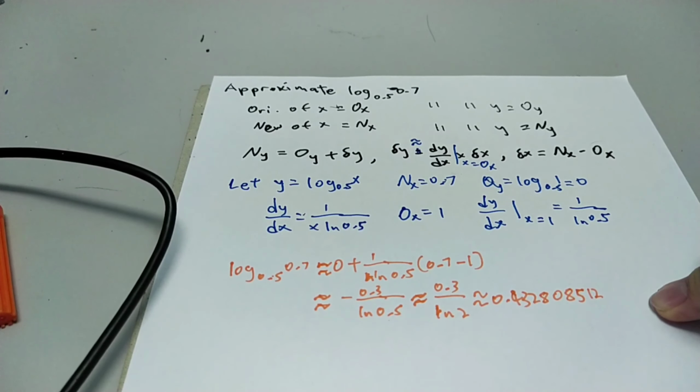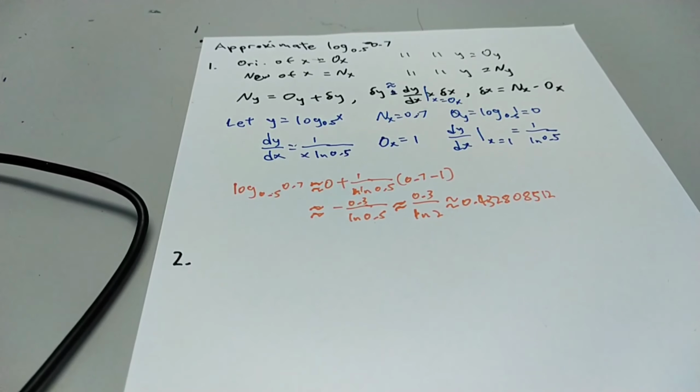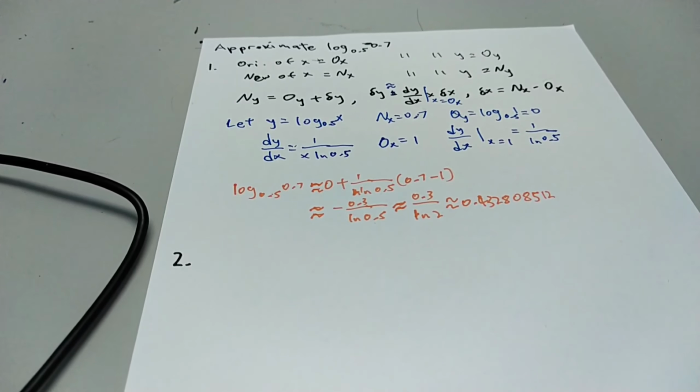Next, let's jump to the second calculus method to approximate log of 0.7 with base 0.5. The second method is, I think, going to be the most effective way to approximate the value because it involves repetition.